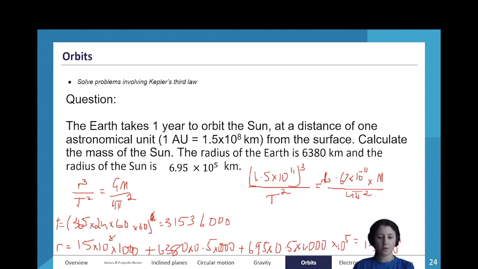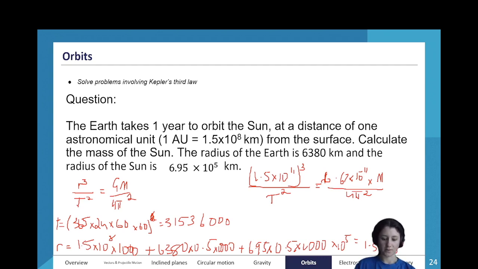So now let's go ahead and see what answer we get for this. By 6,000 squared multiplied by 4 pi squared divided by 6.67 times 10 to the negative 11.